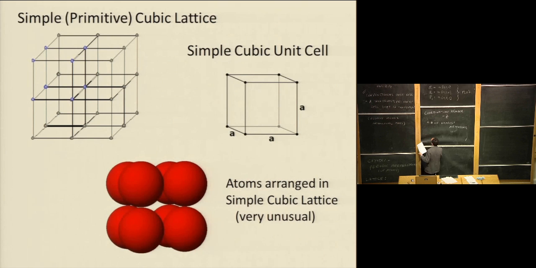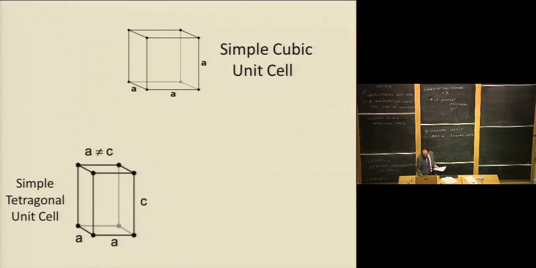There are some variants on the simple cubic lattice that we need to know. Tetragonal lattice, which means axes perpendicular, 2 edges equal. So let's draw a picture of that. Here's simple cubic, here's tetragonal. 2 of the edges are equal, 1 edge is different.